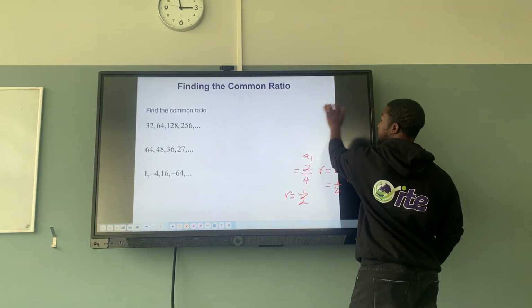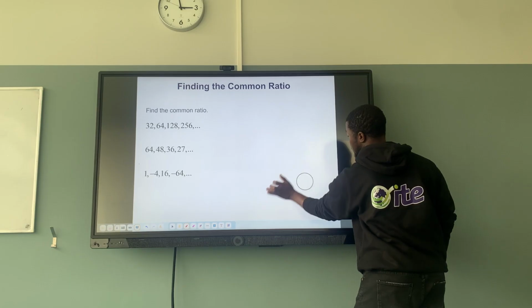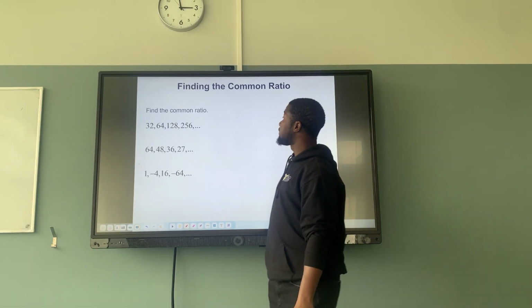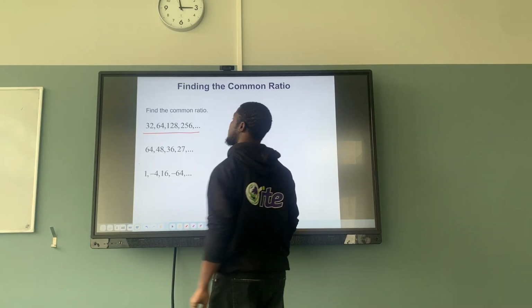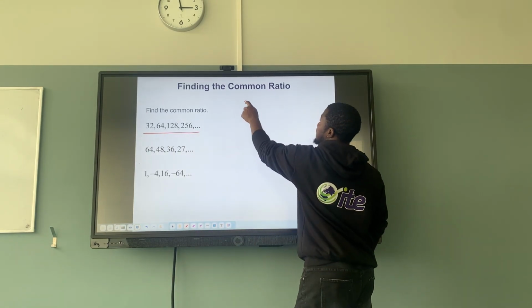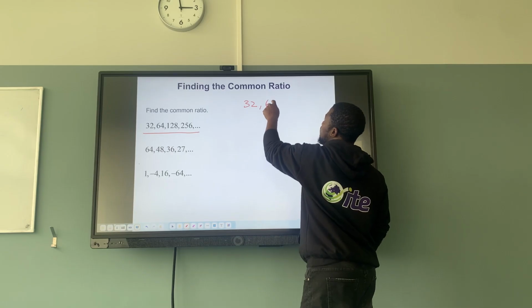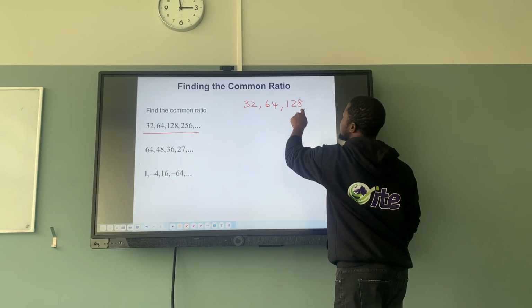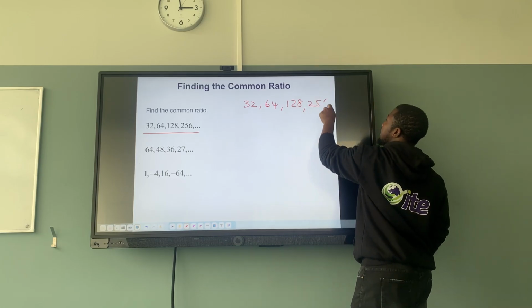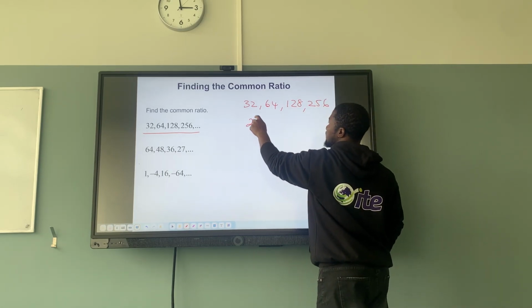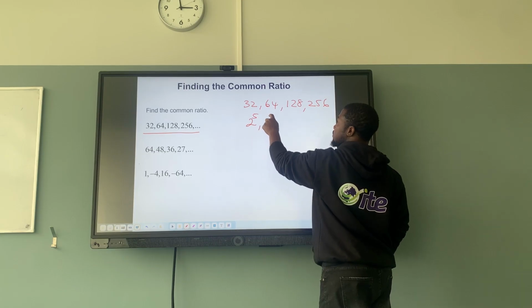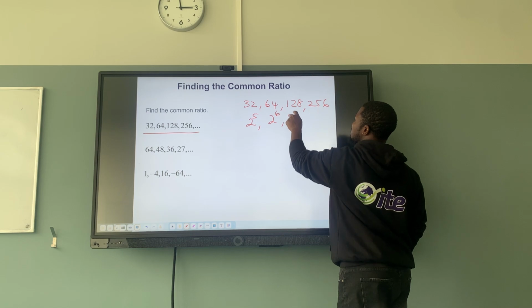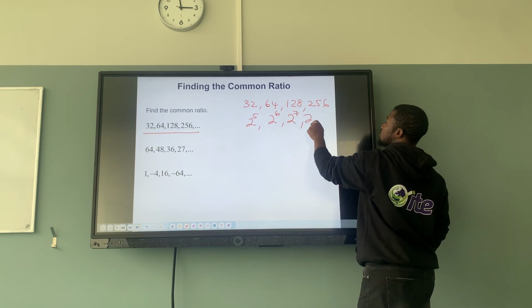Let's look at some more examples of finding the common ratio for a given geometric sequence. If you have the sequence 32, 64, 128, 256, I can already see this is 2 to the power 5, this is 2 to the power 6, 2 to the power 7, 2 to the power 8.